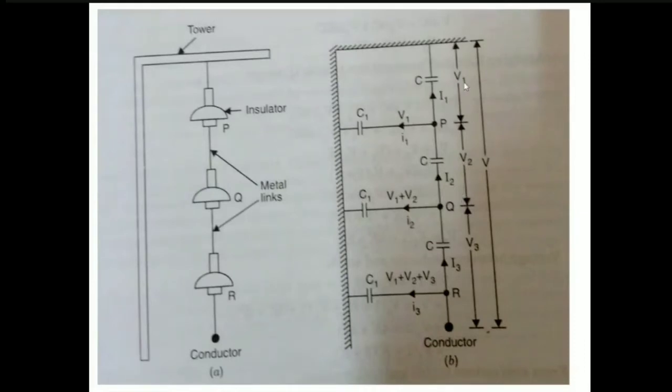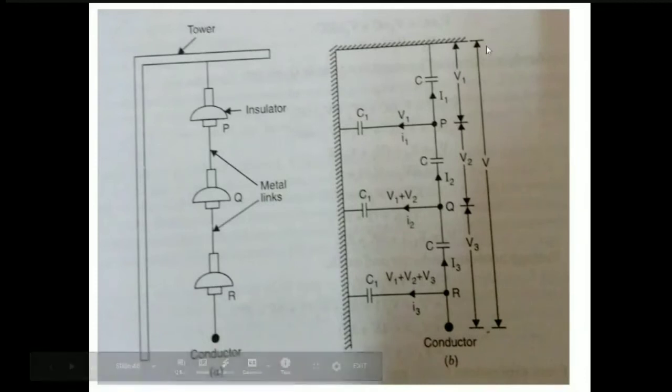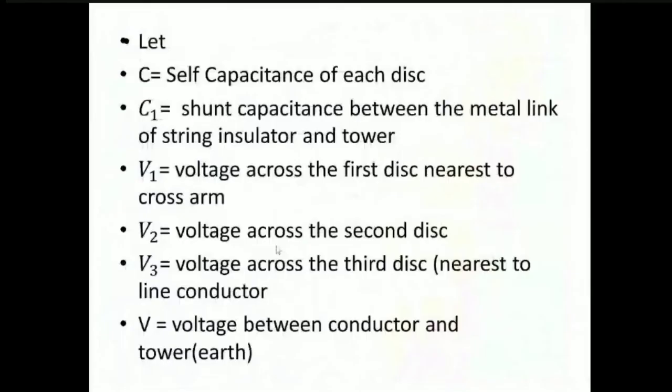Here we can see the voltage distribution. V1 is across the disc near the cross arm, then V2, and V3 is the voltage across the disc nearest to the conductor. Total voltage between the conductor and the earth tower is V. So we have to define the various parameters as per the diagram.